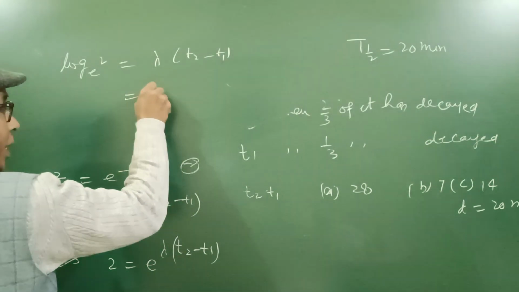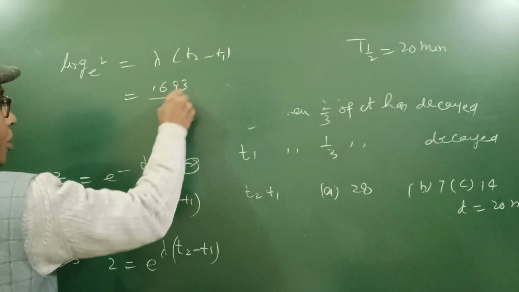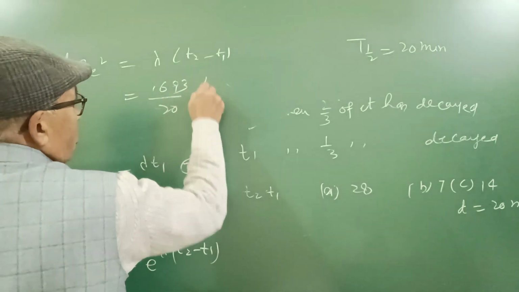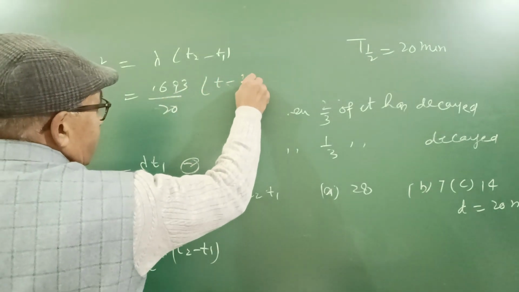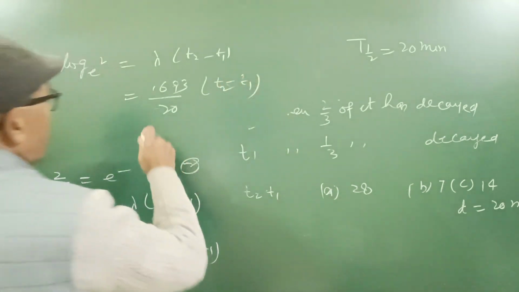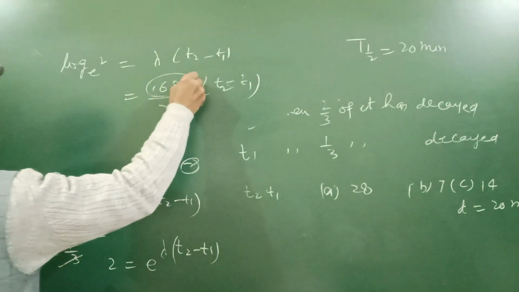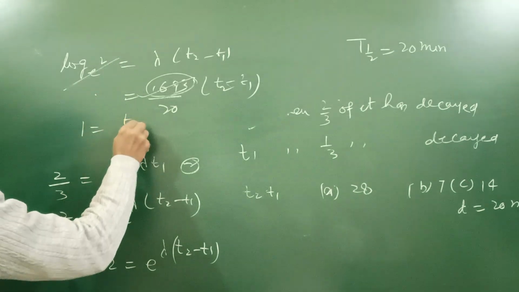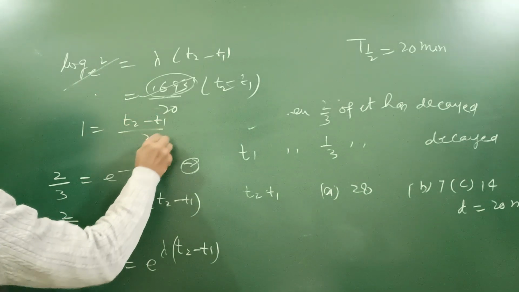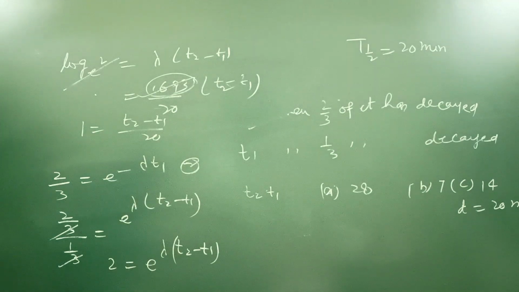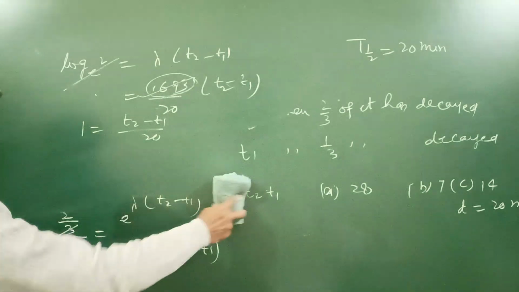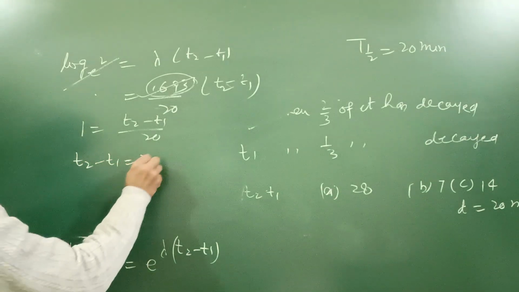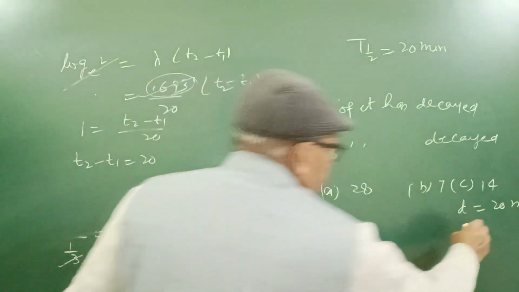Lambda is 0.693 upon T, 20 minutes, so 0.693 cancels with log 2, and 1 equals T2 minus T1 upon 20. So T2 minus T1 is equal to 20 minutes. So D option is correct.